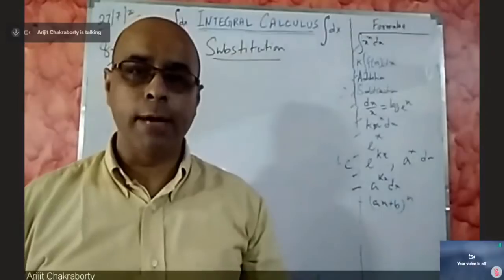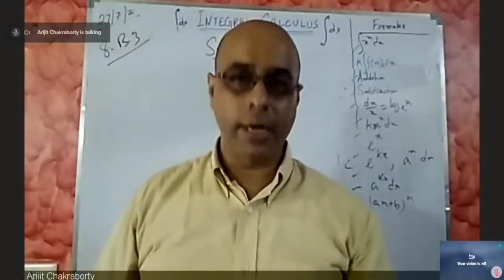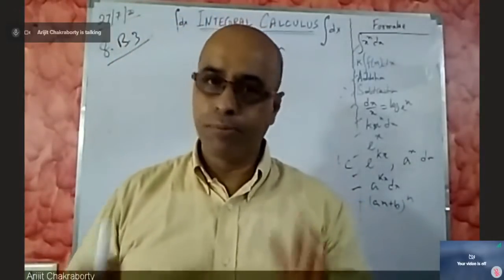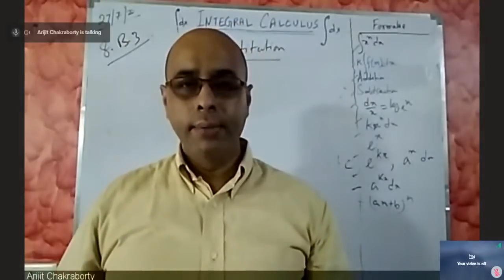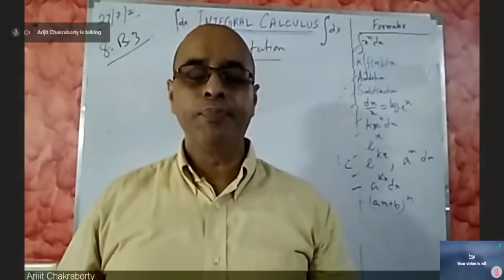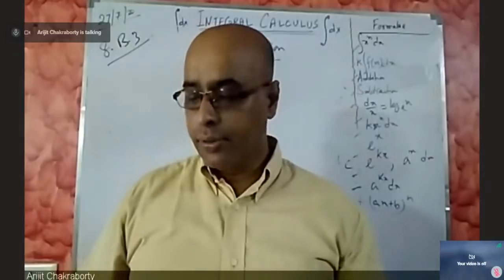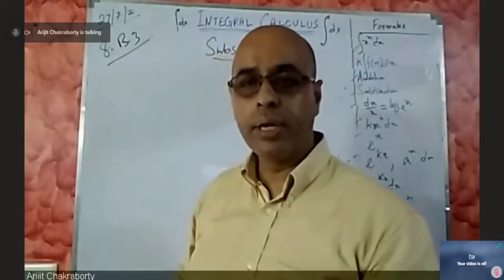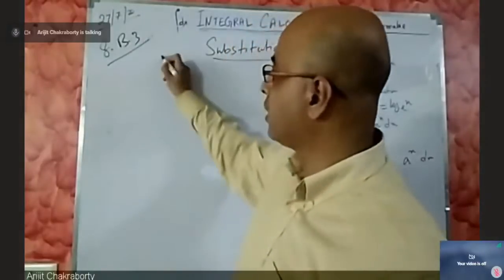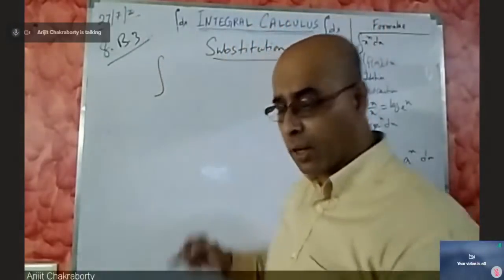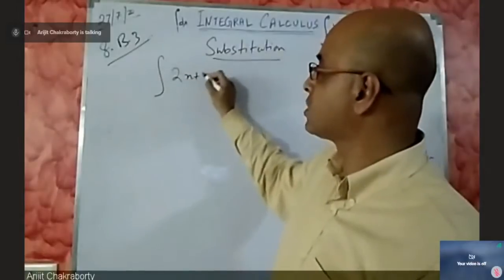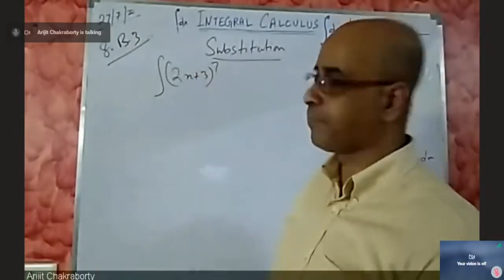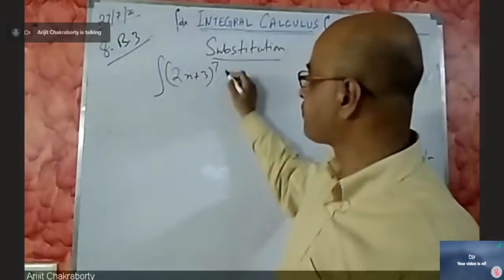We follow the same example as given in the study material. I hope you're all connected and practicing the problems with me. We have just started the method of substitution, and the integration we have to do is the integral of (2x plus 3) to the power 7 dx.